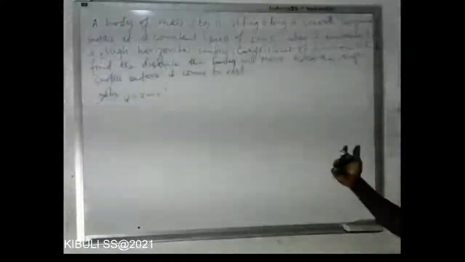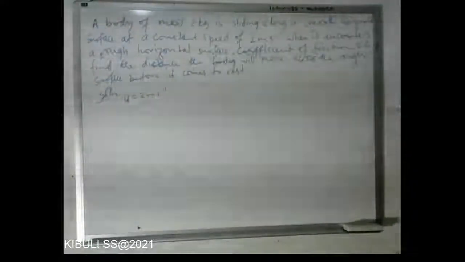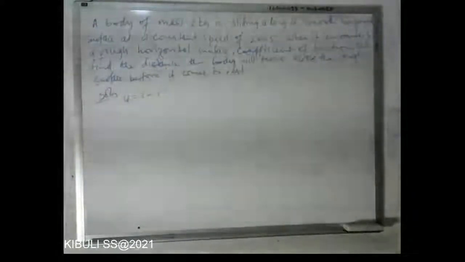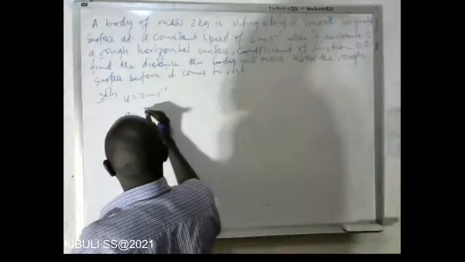Now when this body enters the rough surface, there is going to be resistance. That resistance will cause the body to decelerate. So we need to determine the deceleration, the acceleration of the body.